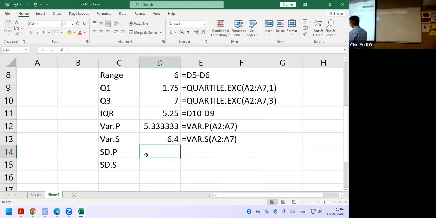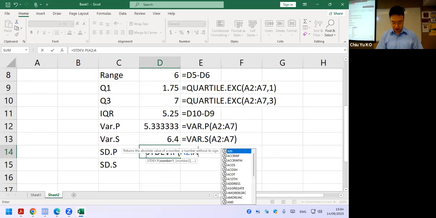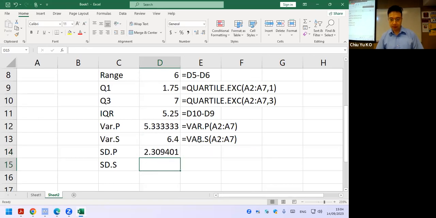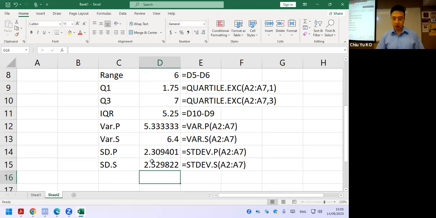You can take a square root of the variance, using SQRT, but since with the formula we don't have to do it, we can just do STDEV.P A2 up to A7, and then STDEV.S A2 up to A7. You can take a square root of this guy.